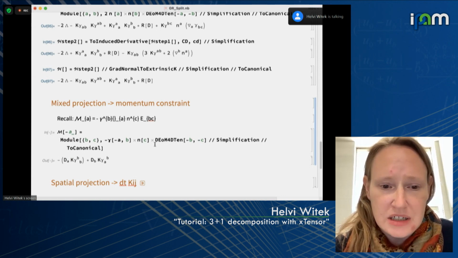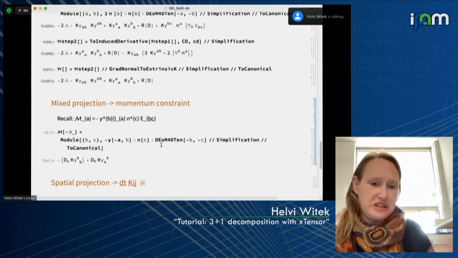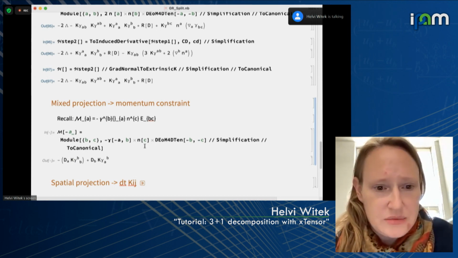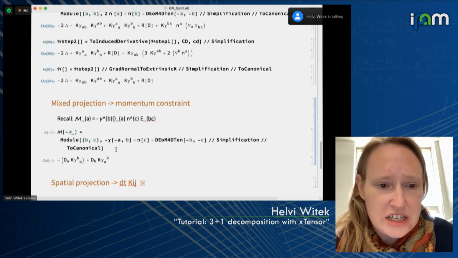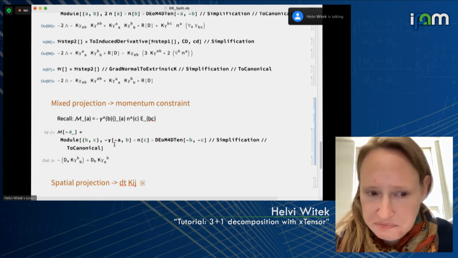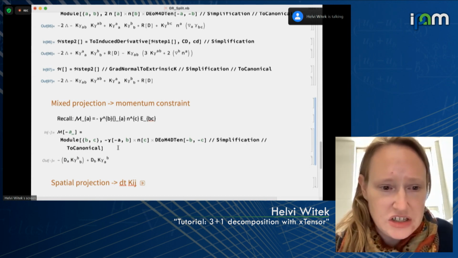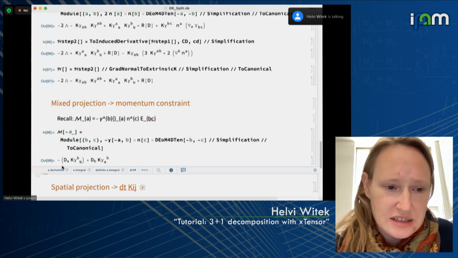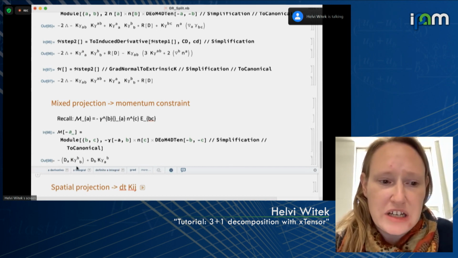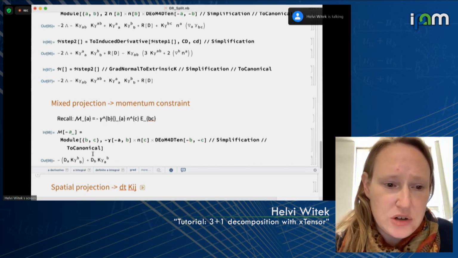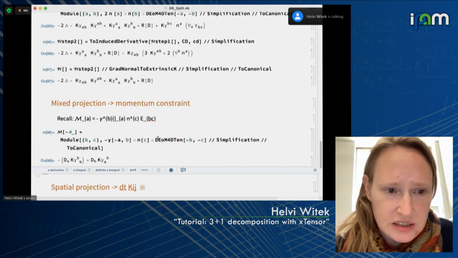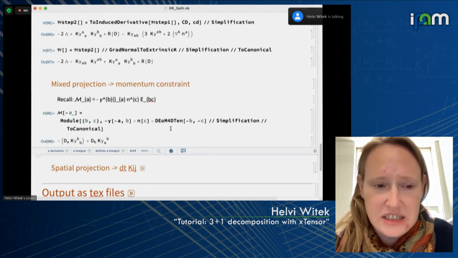So I'm again using this field equation that I've already decomposed into all its components, and contract one of the indices with a normal, project the other one with our projection operator, and just have to do some simplification. And we already get the usual expression in terms of the divergence of our extrinsic curvature and the derivative of the trace of the extrinsic curvature. Good. So these are the constraint equations.